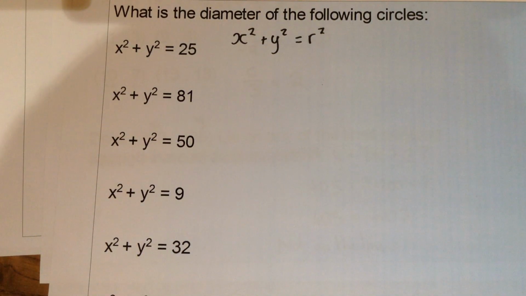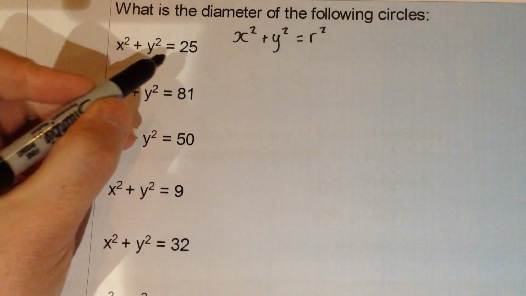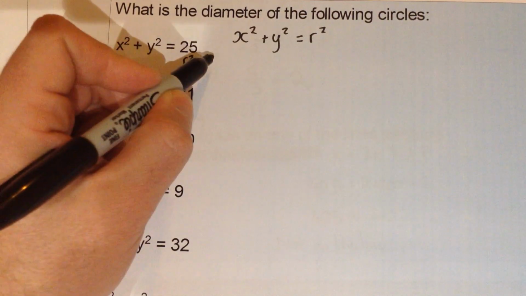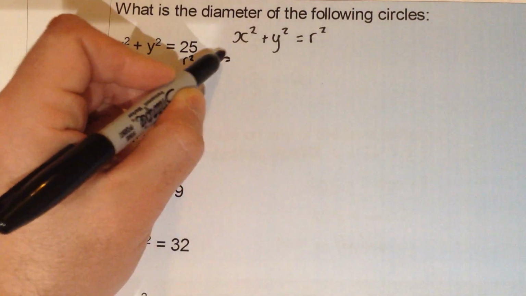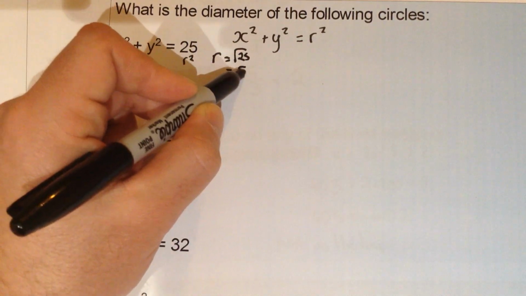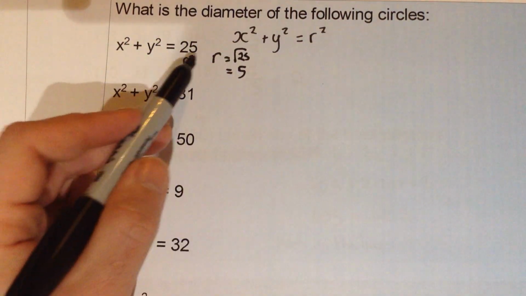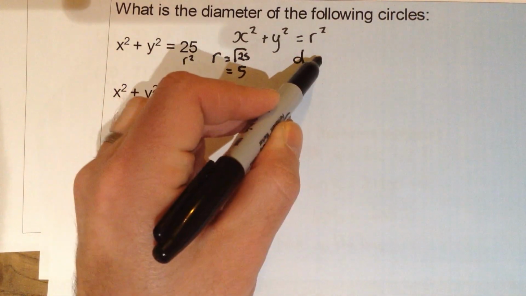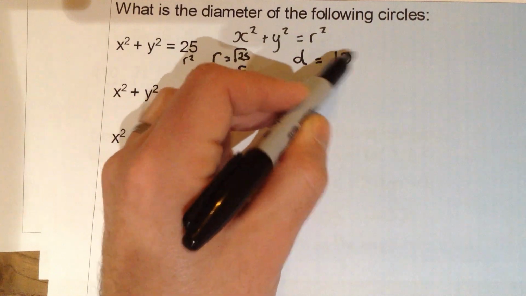So whatever number is at the end, after the equals, if you were to square root that, that would give you the radius of the circle. So here, r squared is 25, so the radius of that circle would be the square root of 25, which in this case is 5.